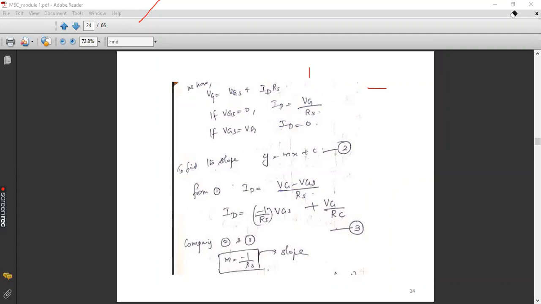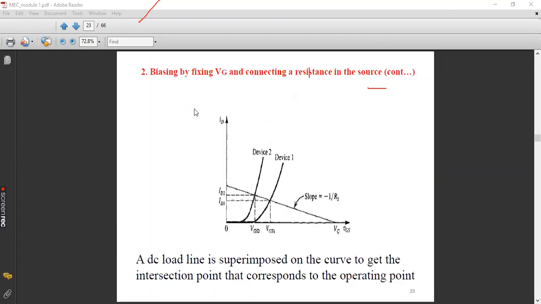I'll show the previous slide. This is your DC load line. It is coming down, so the slope is negative. Now, what will happen if Rs increases?